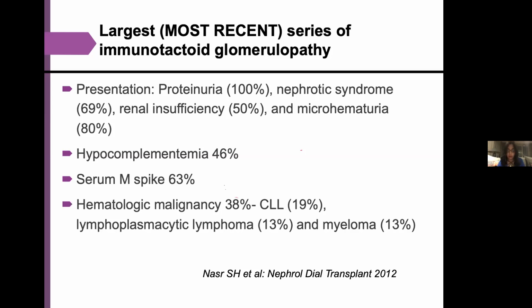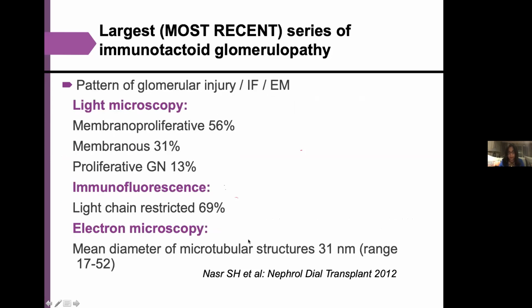However, up to 50% of the patients were hypocomplementic, with low C3, and more than 60% had a serum M spike. They already had a monoclonal band, and up to 45% of the patients had evidence of hematological malignancies.